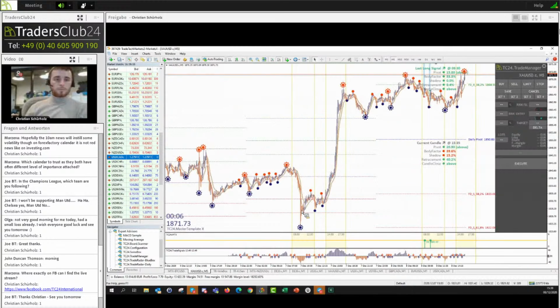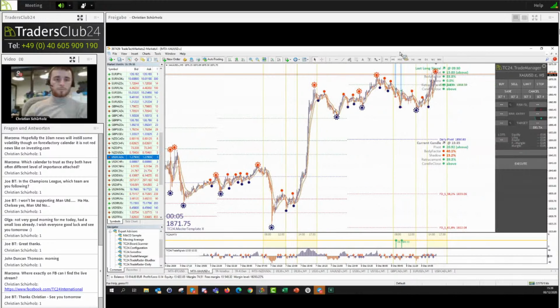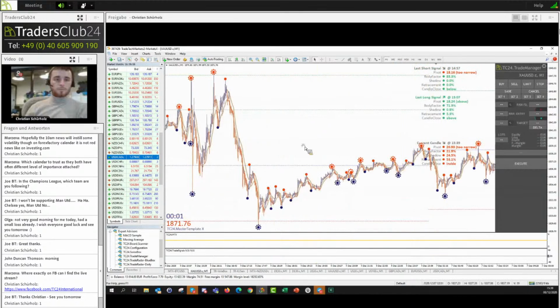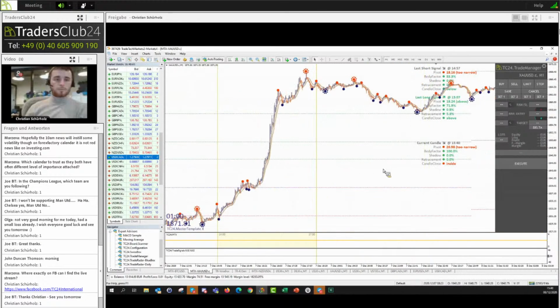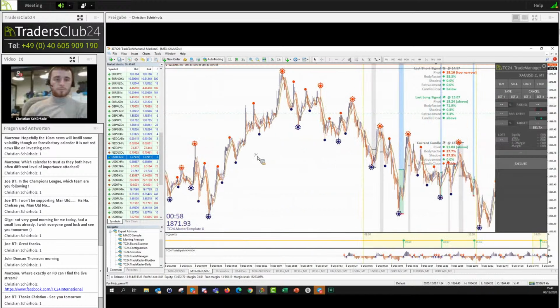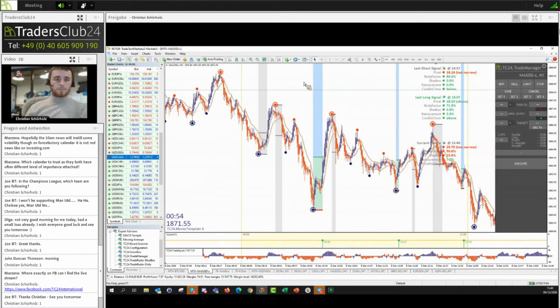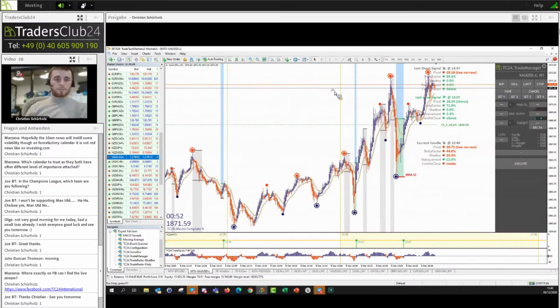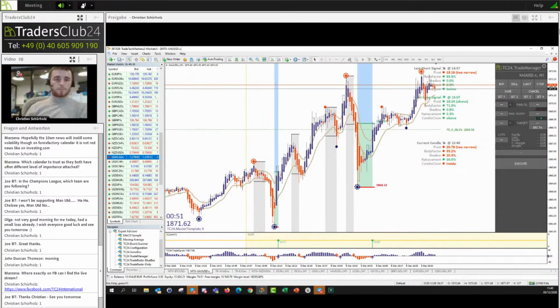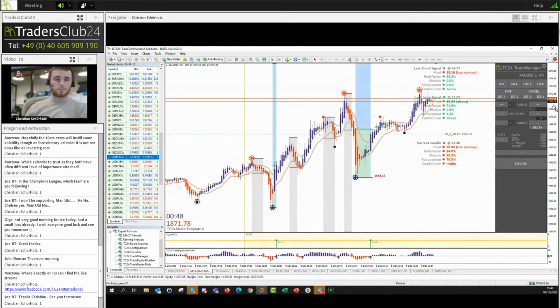Let's take a look at MasterTemplate X on gold. See if we've got anything coming along. So we've got our red sun. So the next one we're looking for is a well-defined candle.